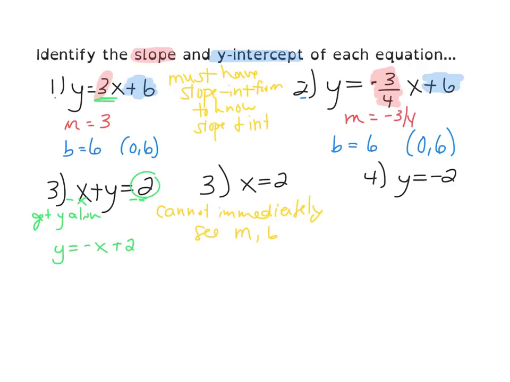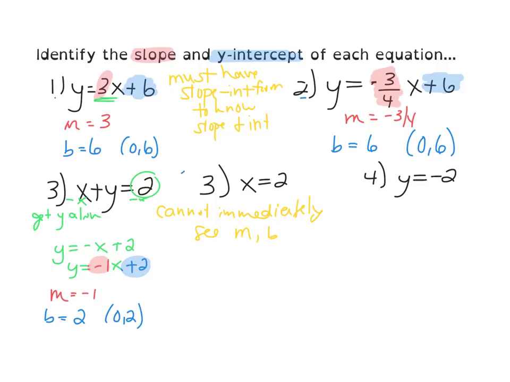Now that it's in slope-intercept form, or maybe it's a little easier to see as -1x plus 2, I can see that the slope of this line, the number in front of x, was a -1, and the y-intercept at the end is a plus 2. So our slope is -1, and our y-intercept was 2, or in other words, the point (0, 2).